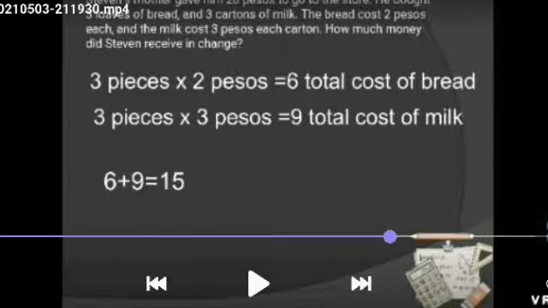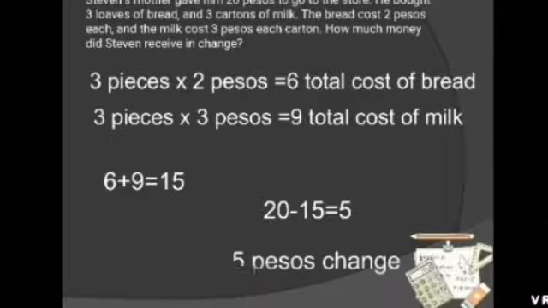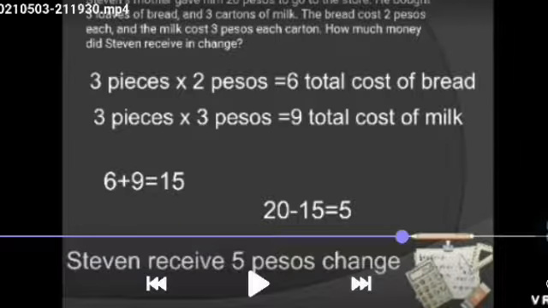So 6 plus 9 is equal to 15. The total cost is 15. But Steven had 20 pesos given by his mother. So 20 minus 15 is equal to 5. Therefore, Steven received 5 pesos change.